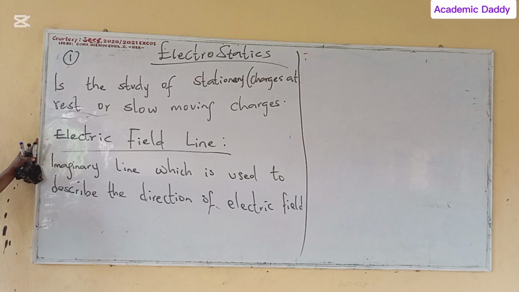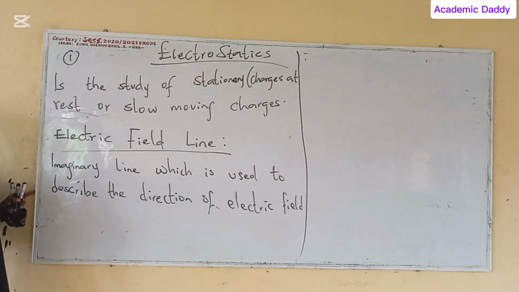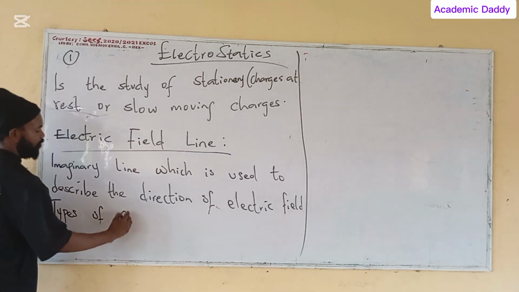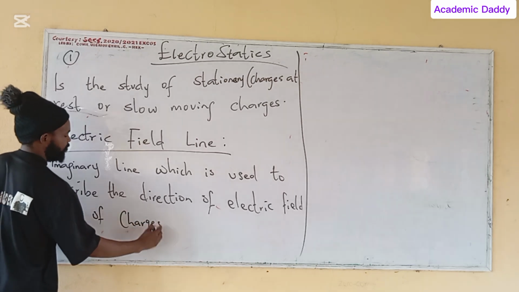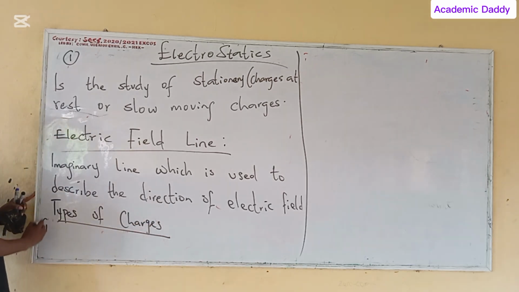If you know this, we can now go back, because we cannot talk about electrostatics without talking about charges. So we move on to types of charges. There are basically just two types of charges.